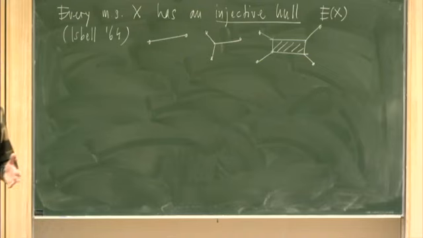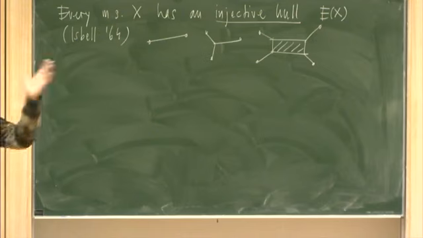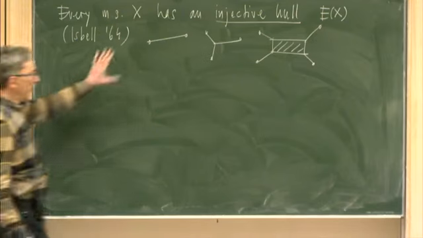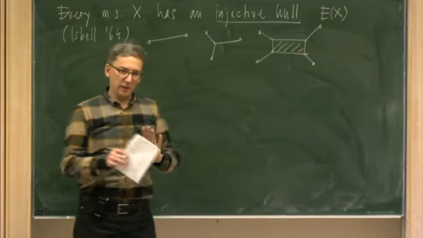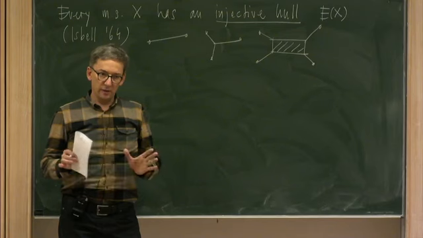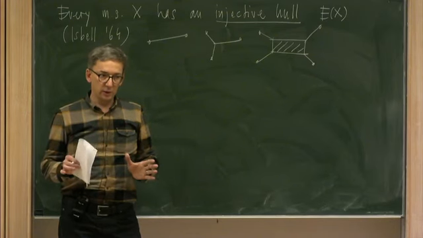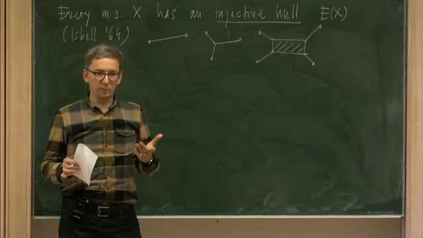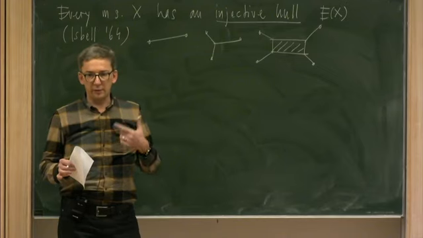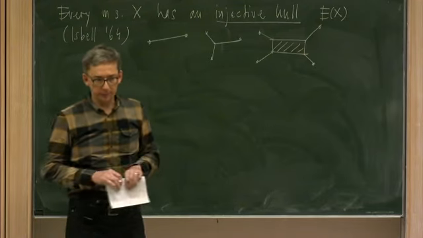If you go to 6 points, there are over 300 different combinatorial types, and then it explodes somehow. But in any case, if you start with a finite metric space, you get a nice finite polyhedral complex, and the dimension of the complex is at most 1/2 the number of points in the space.